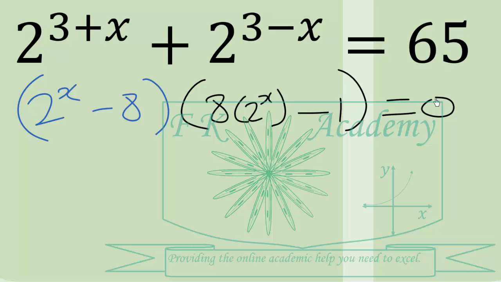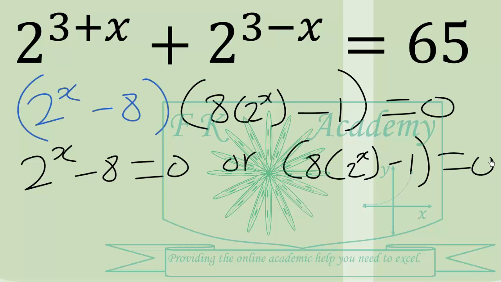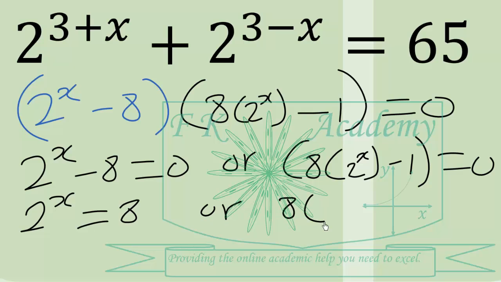So we have either 2^x minus 8 is equal to 0, or 8 times 2^x minus 1 is equal to 0. So when 2^x minus 8 equals 0, then we have 2^x equal 8. Or here we have 8 times 2^x equal 1. That is, we group the like terms.